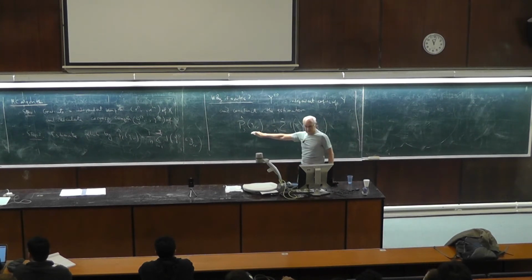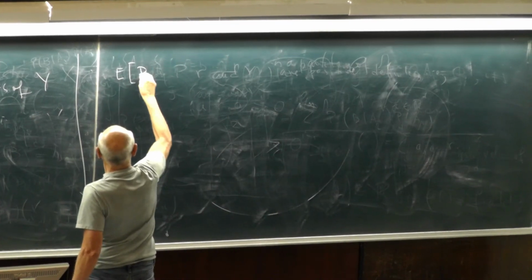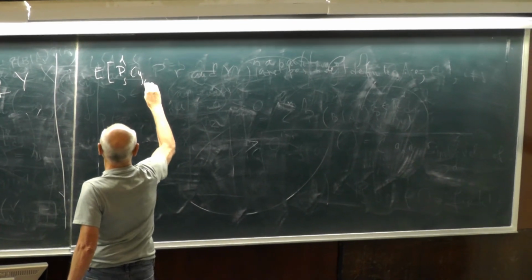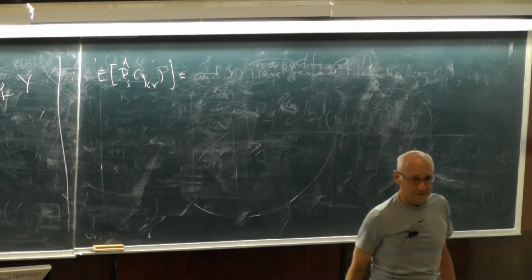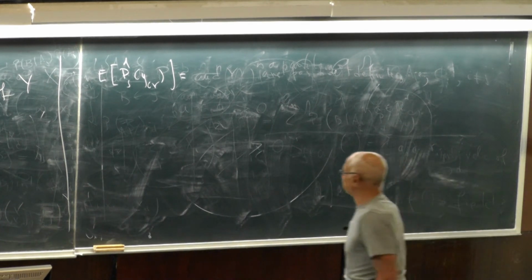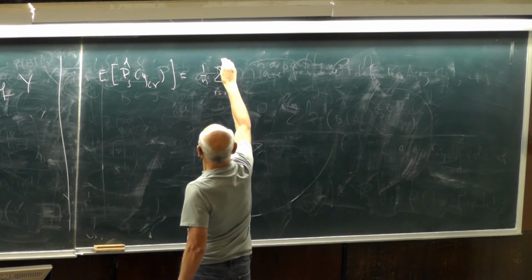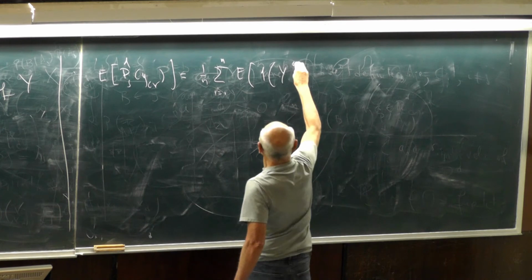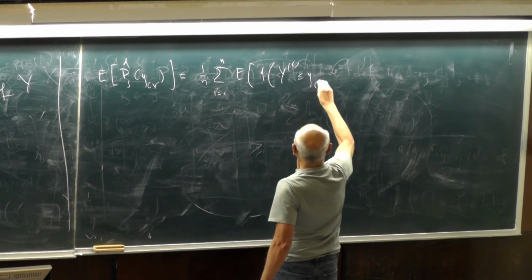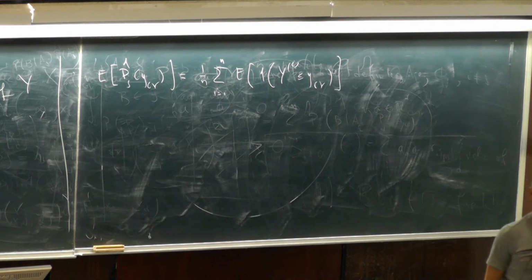So everybody recognizes this is a random variable, right? So it's legitimate to calculate moments of it. Expectation is a linear operator, so I can go term by term. What is that expectation?